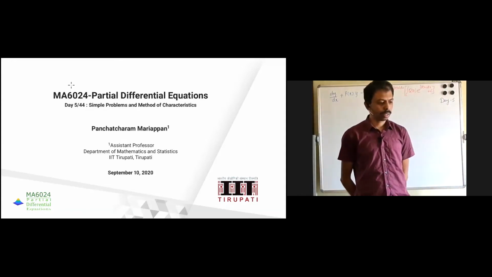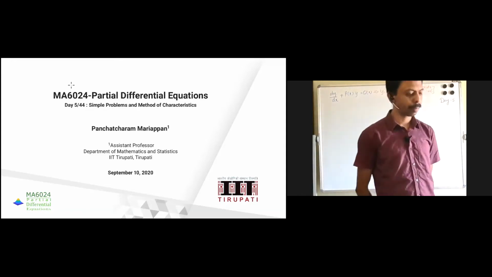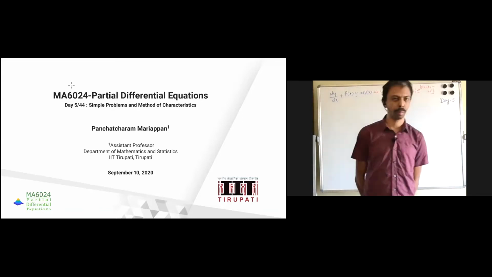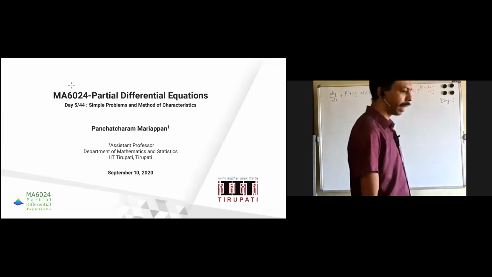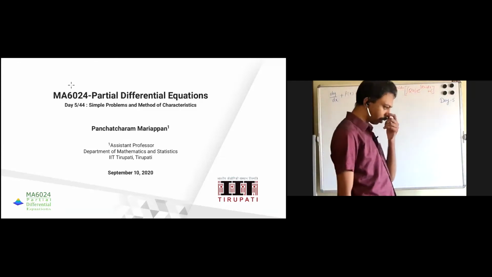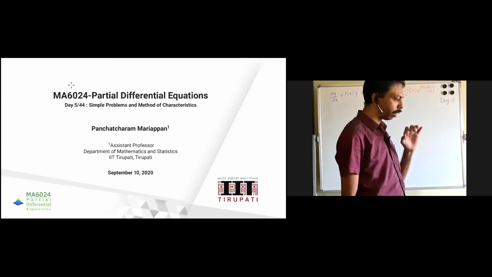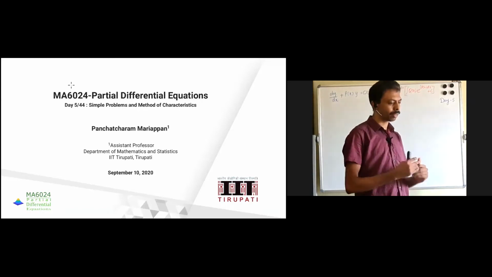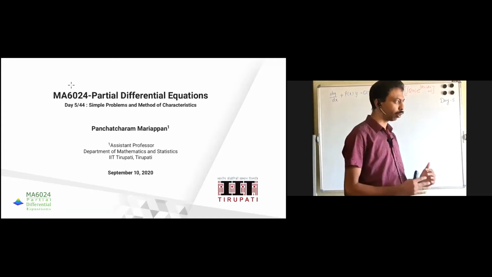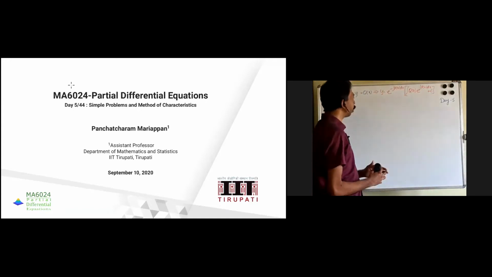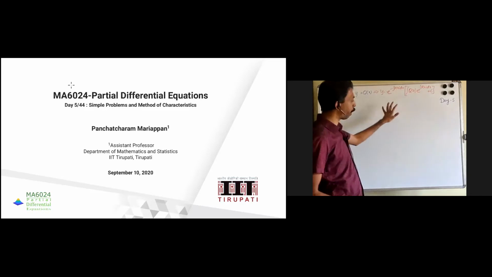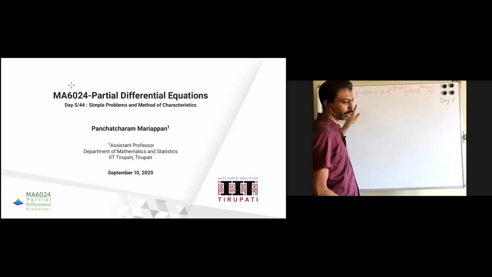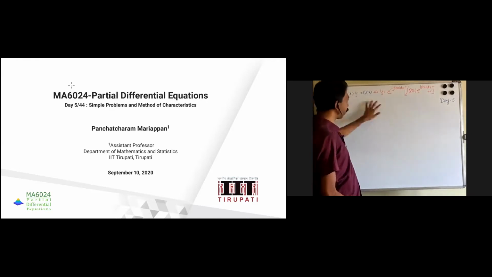Okay, so let's start. We have already covered some of the preliminaries of partial differential equations, so today we'll solve some problems. The basic idea of today's class is that we are going to solve mostly first order linear PDEs.